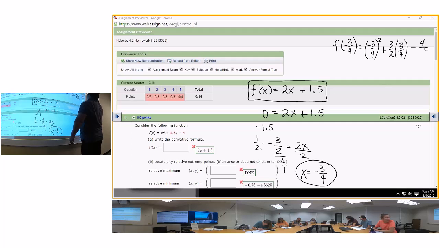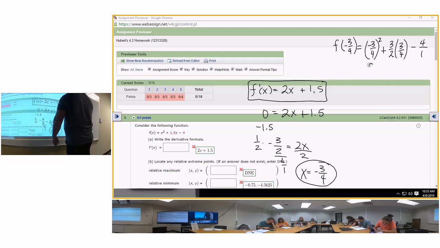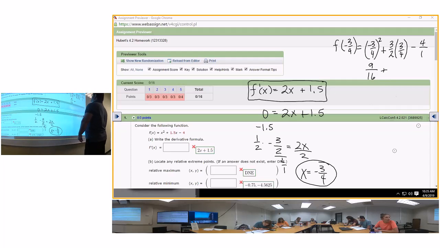Minus 4 over 1. And that's going to be 9 what? 9/16 plus what? Plus 9 over what? 8. Which would be 18 over 16. Minus, what's 16 times 4? 64.